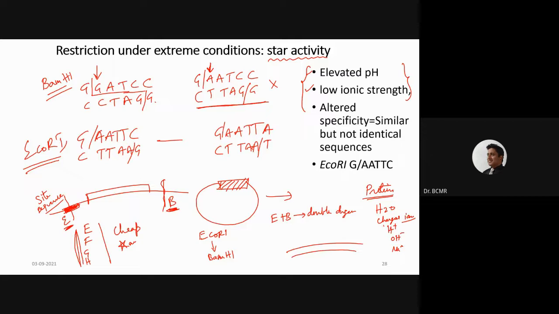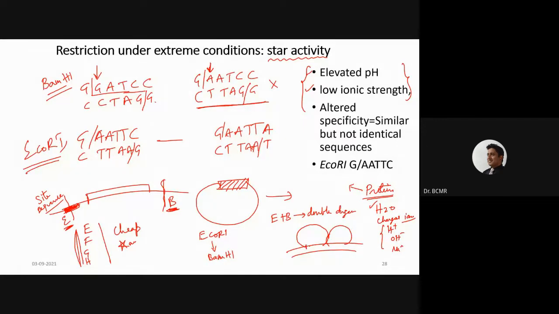That means the protein's conformation is determined by water: hydrophobic residues will be inside, hydrophilic ones outside. And the charged ions present in the surroundings also influence the structure of the protein. Now we are talking about the restriction endonuclease interacting with the DNA.